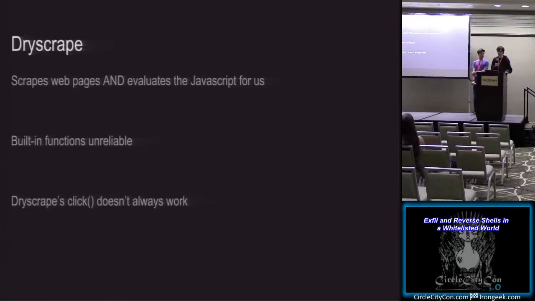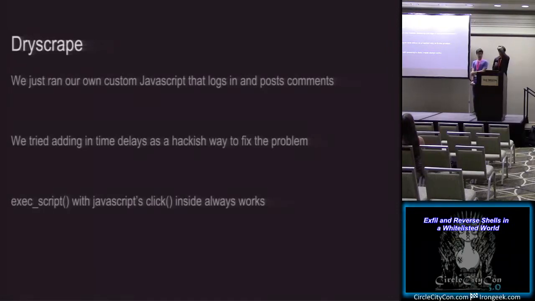It seemed to depend on network connectivity. So we found a better solution was to just write our own JavaScript and use this nice exec script function that DryScrape provides. Our code basically ended up being mostly JavaScript and then some Python to actually run the JavaScript. And JavaScript's click always worked.